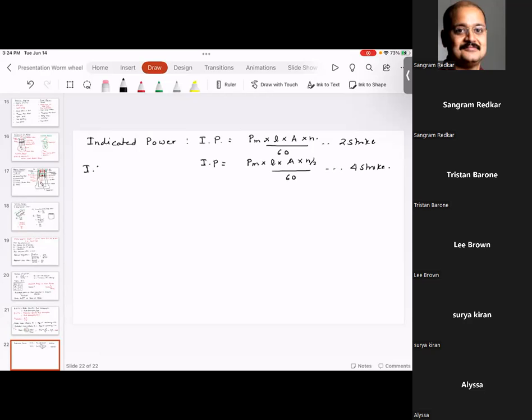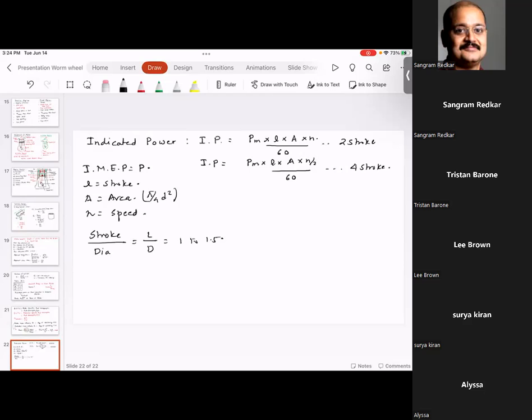So IMEP is equal to P, L is equal to stroke length, A is equal to area, which is pi by 4 D square, N is equal to speed, and stroke divided by diameter, which is L by D, called the L by D ratio, is typically 1 to 1.5.